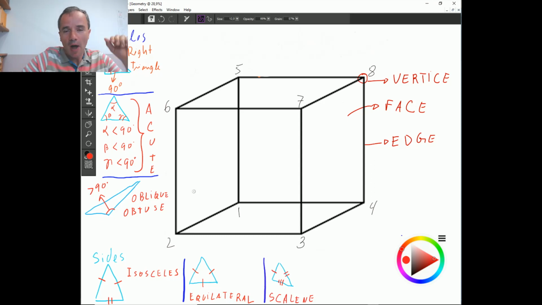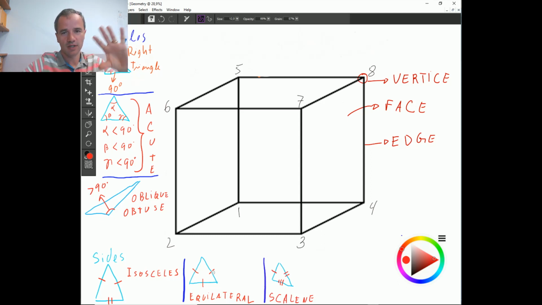About their sides, it could be isosceles, when we have two sides being the same and one is different. We also have the equilateral triangle, where all the sides are the same. This is going to happen, for instance, in the hexagon, the honeycomb.